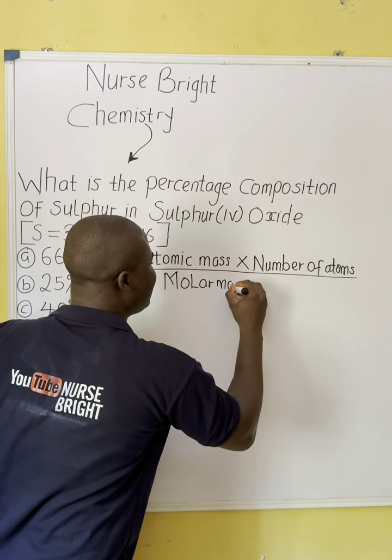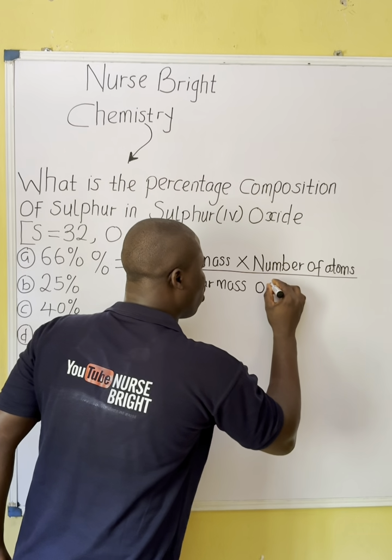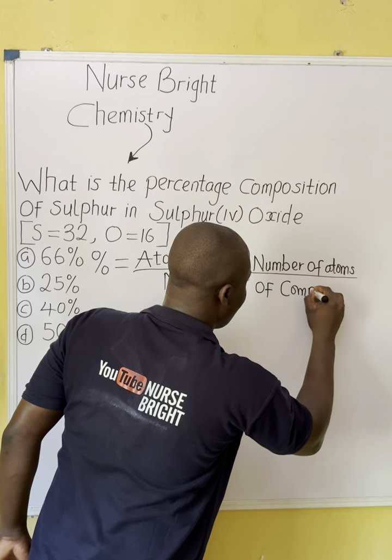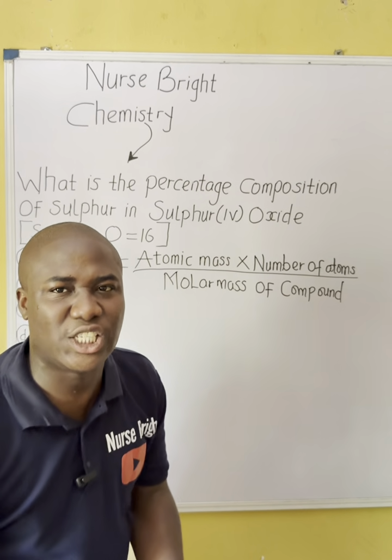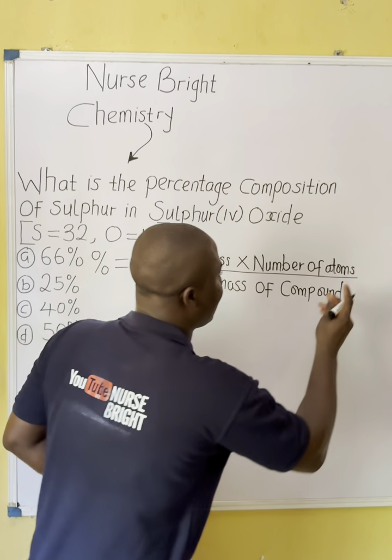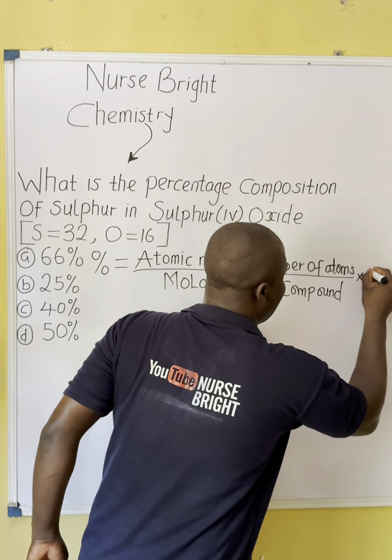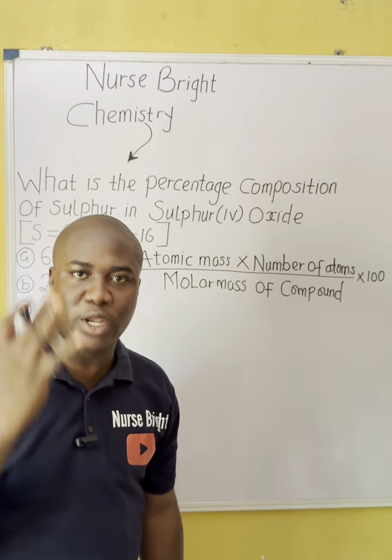This question is so very easy. Now you can see they are asking us to get percentage. Definitely we are going to times by 100. All this must be noted.